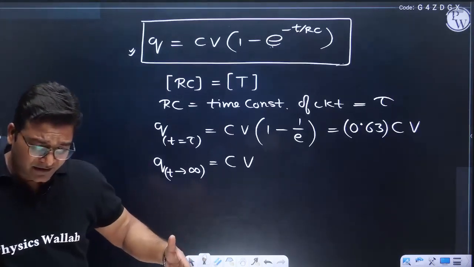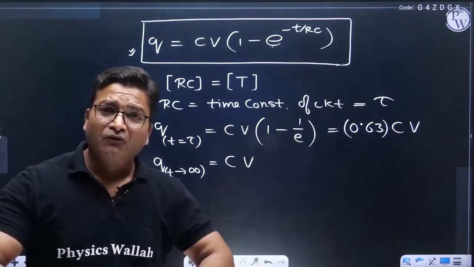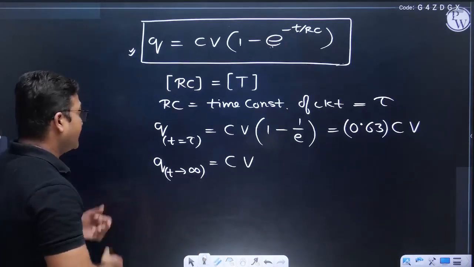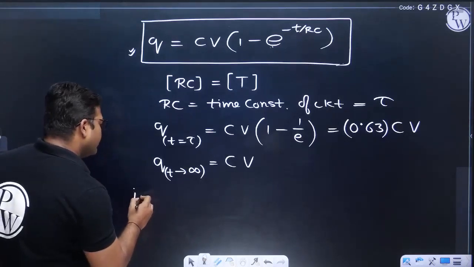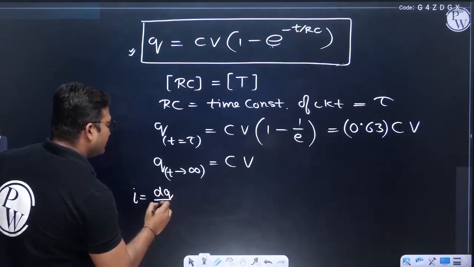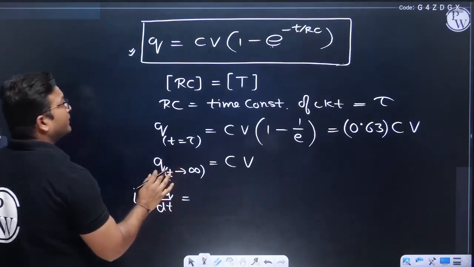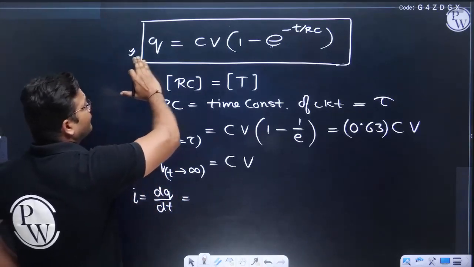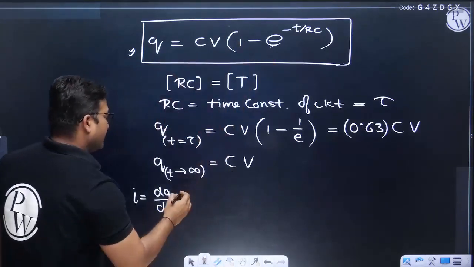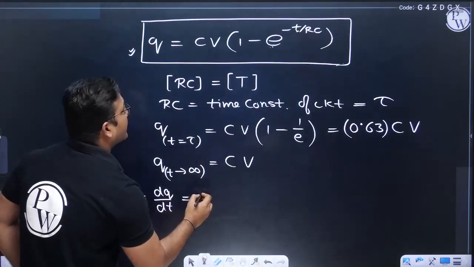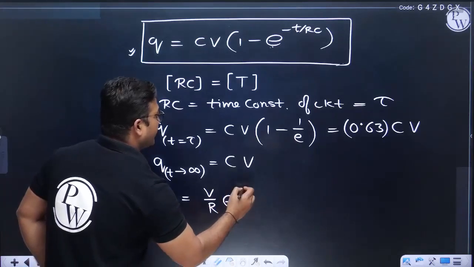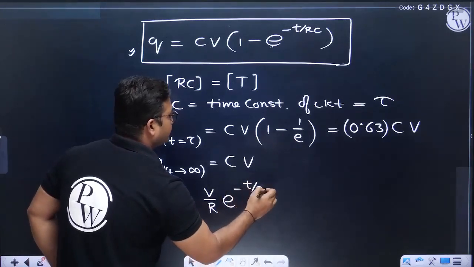If in some question they ask you what is current as a function of time in that circuit, current can be found from the equation I equals dq by dt. So simply differentiate this equation, and you will get current as a function of time as V divided by R, e to the power minus t by RC.